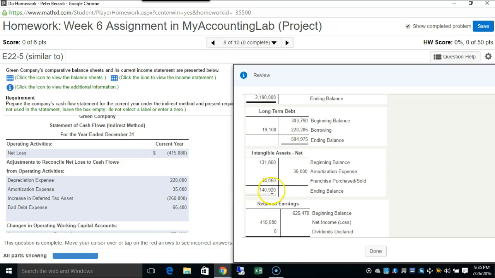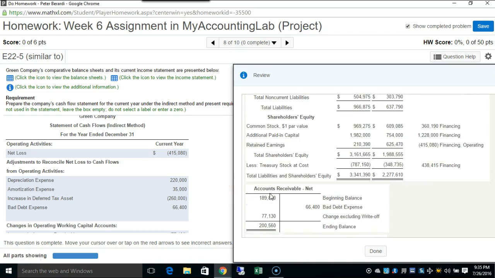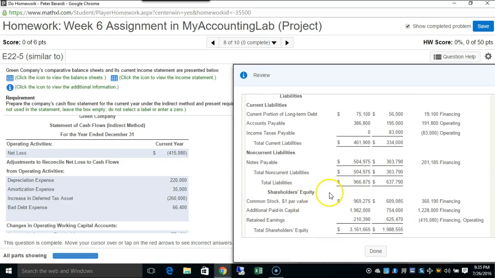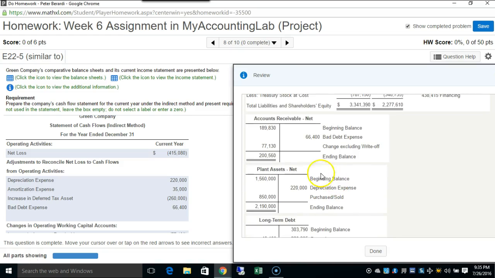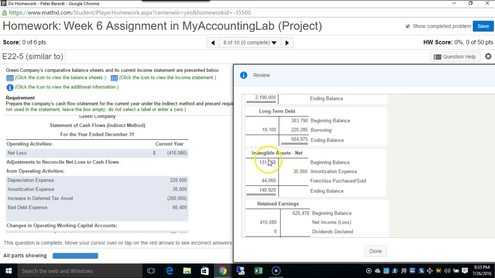We know our ending balance is $140,920, which is right from our balance sheet. So the beginning balance of $131,860 minus $35,000 in amortization and an ending balance of $140,920 means that you need to plug what we added, what we debited to the T account intangible assets over prior year.